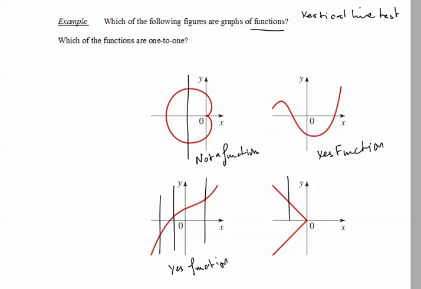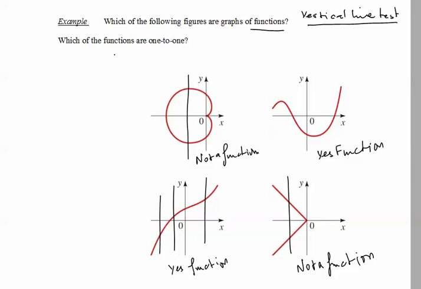And this one here is not a function. So in this example, I'm asking which of the following figures are graphs of functions. We answer the first part: not a function, yes, a function, yes, and not a function. And here I'm using the vertical line test.